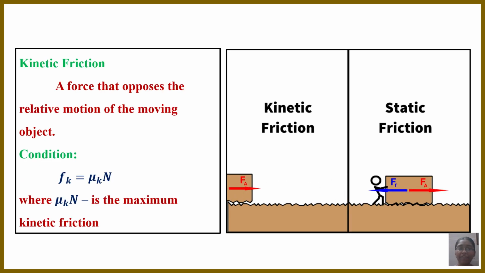The kinetic friction tries to slow down the object. Here the kinetic friction can never be zero, because static friction starts from the rest position, while kinetic refers to motion, right? So it can never be zero, and this is the condition for kinetic friction, where the kinetic friction is equal to mu k N, the maximum kinetic friction.